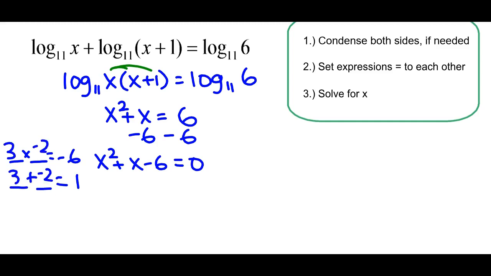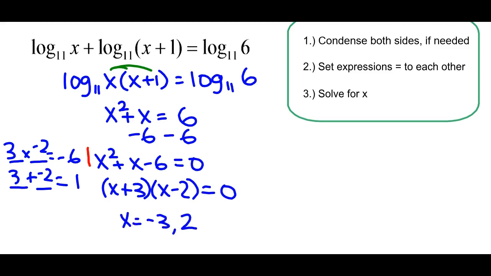Since there's a 1 in front of the x squared, remember we don't have to use the boxes. x plus 3, x minus 2, multiplying those together to get 0. So x must be negative 3 and positive 2. Now if I take positive 2 and put it into the original problem, that's just fine.